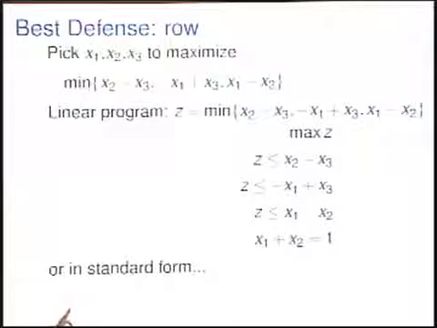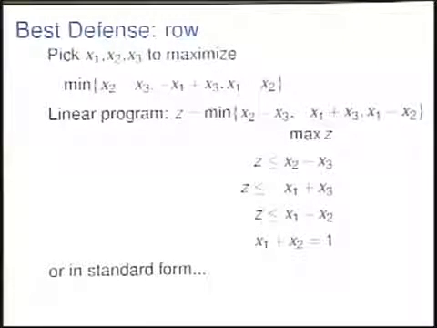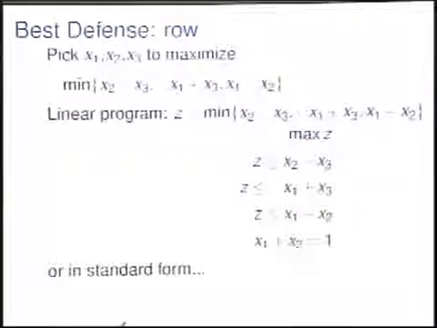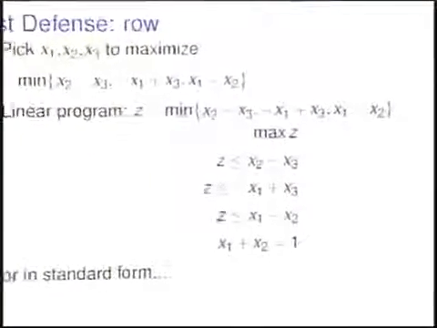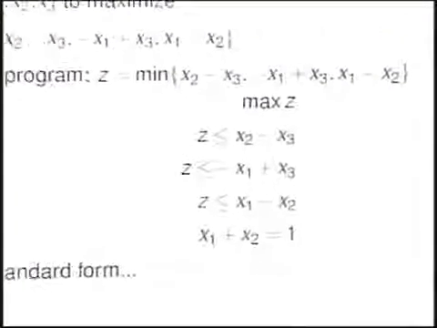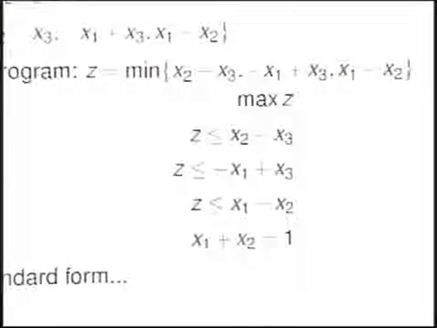The value z is going to be the min of those three variables, right? So we say the value has to be less than or equal to x2 minus x3. The value has to be less than or equal to negative x1 plus x3. And the value z has to be less than or equal to x1 minus x2. That's how you write a min with a linear program.